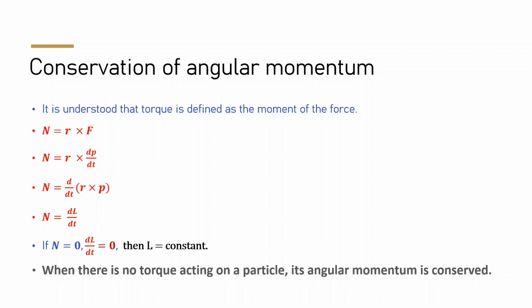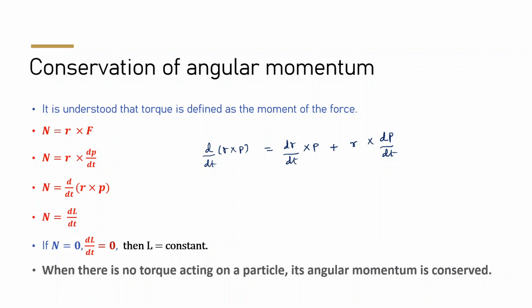Now we will discuss. d by dt of R cross P, which is equal to dr by dt cross P plus R cross dP by dt.